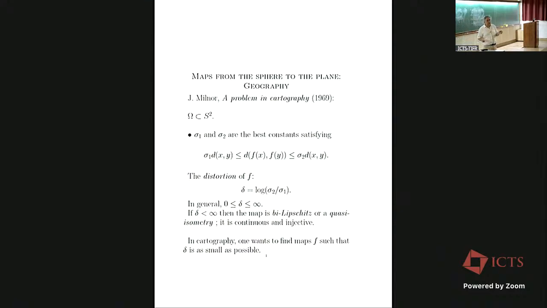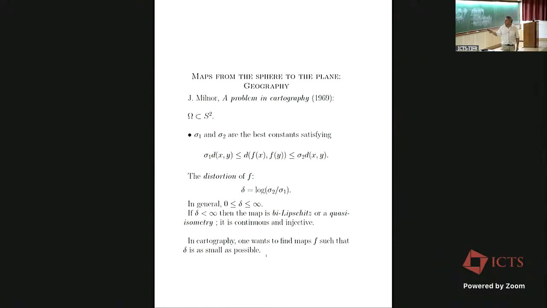From several theorems of spherical geometry, you cannot have a constant distortion for a geographical map. So these are maps from the sphere to the plane. This is a very old problem, in fact. Many mathematicians were interested in this. I will give you some hints later.